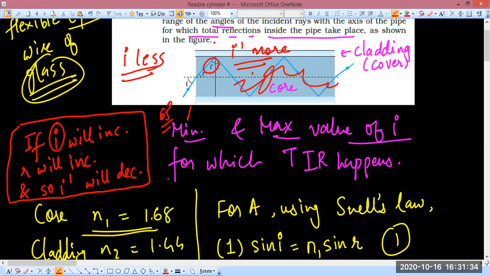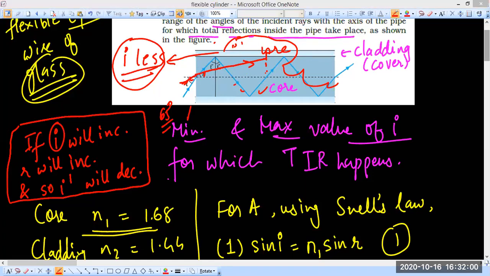Because if I increases, R will increase, so I dash will decrease. But we don't want I dash to decrease, we want I dash to be more. If I dash is to be more, I should be less. Clear? So suppose it goes like this, then here it makes a very small r and very small I.